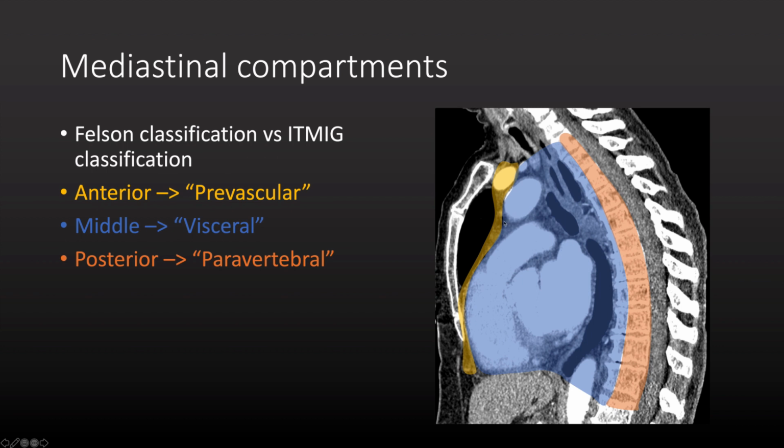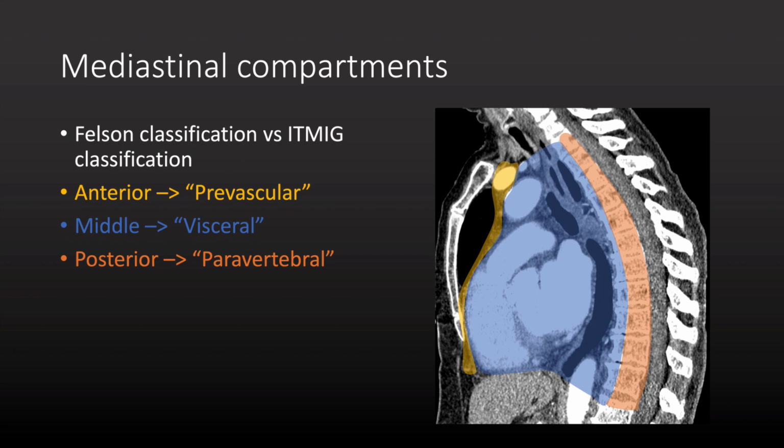We have the middle mediastinum or visceral mediastinum, which contains the heart, trachea, esophagus, major vessels, and most lymph nodes. And then we've got the posterior or paravertebral compartment, which begins about a centimeter behind the anterior part of the vertebral bodies and really encompasses the paravertebral location, as the name implies.